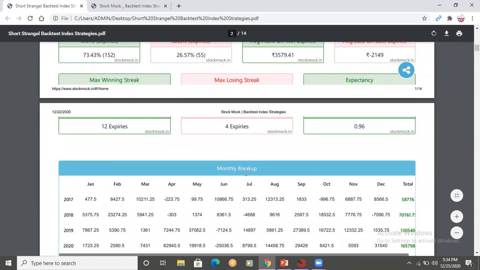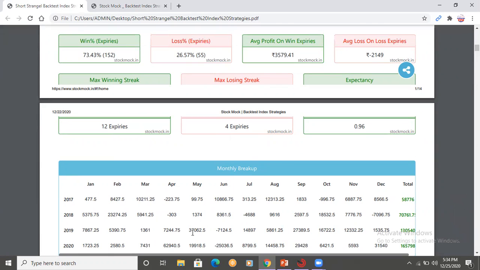This is the monthly breakup. It may happen that at the end of a month you may face a loss, like in 2019 I can see in the month of June 7,124 was the loss. Again in 2020, in the month of June, the loss was 25,000. So at the end of a month there may sometimes be a loss, but at the end of the year you can see this strategy has never delivered a loss.